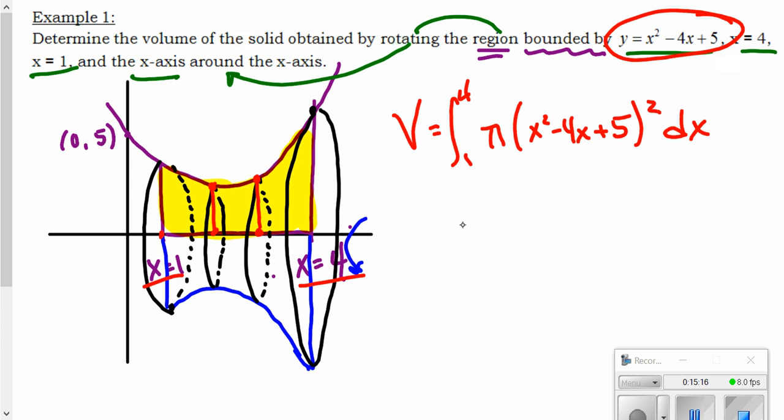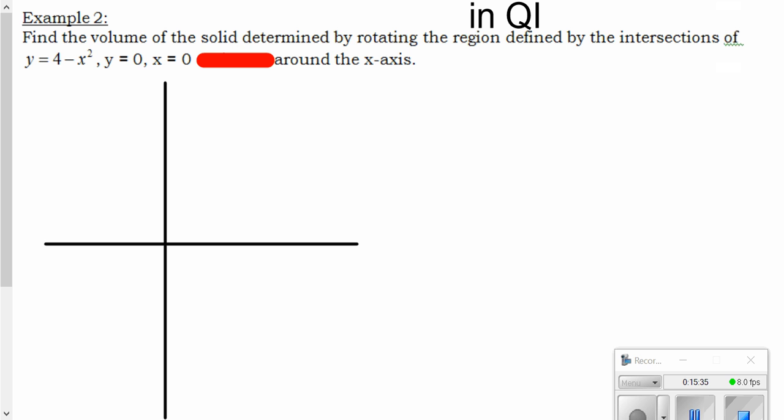Fine, that's really not the point, though I understand that sometimes you're going to want an answer so you can check your setup. Okay, so this is the numerical answer, but that is not going to be the focus of this video. The focus is going to be, can you think of the shape and can you set up the integral?